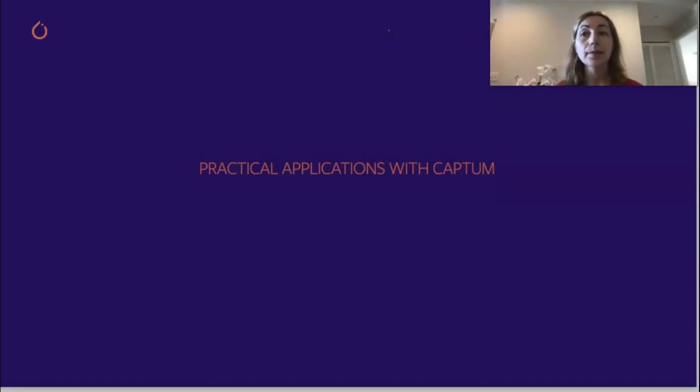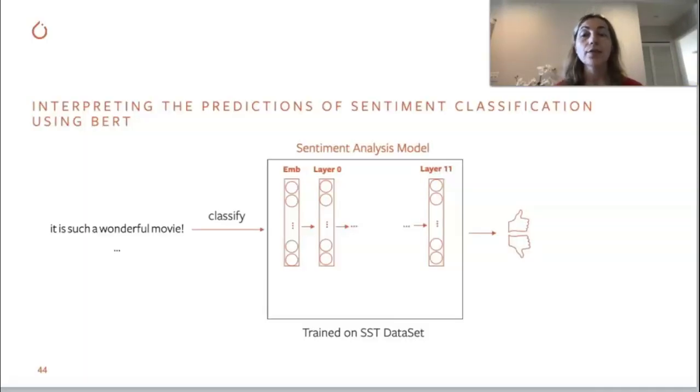So now let's apply the attribution algorithms from the Captum library to different real NLP problems. Let's assume that we're given a sentiment analysis model based on BERT network architecture that has 12 hidden layers and is trained on the Stanford Sentiment Treebank dataset, also known as the SST dataset.